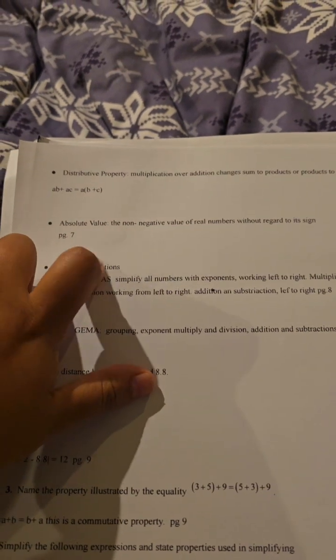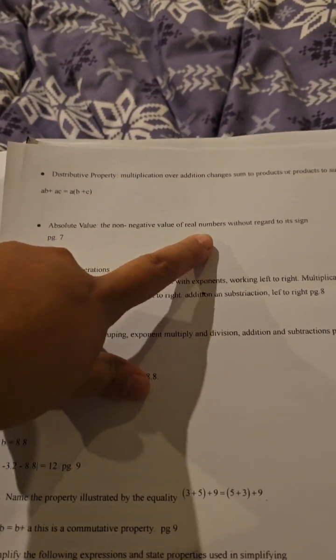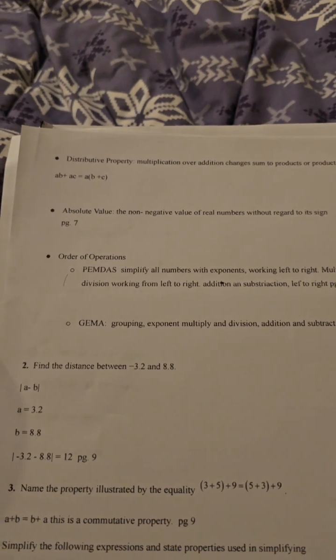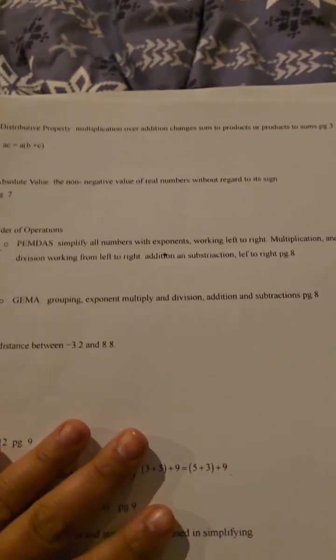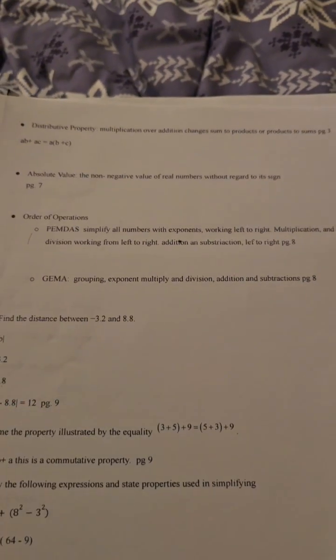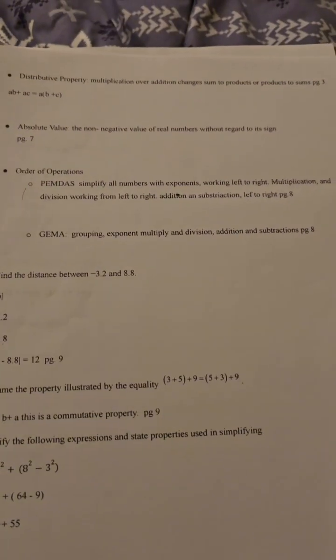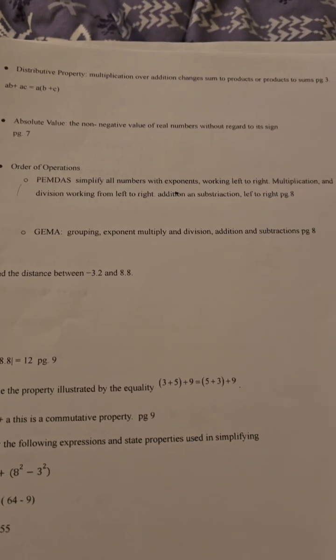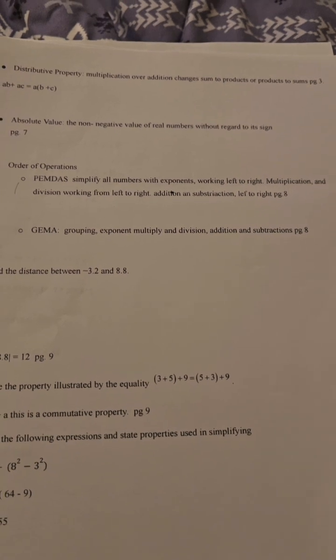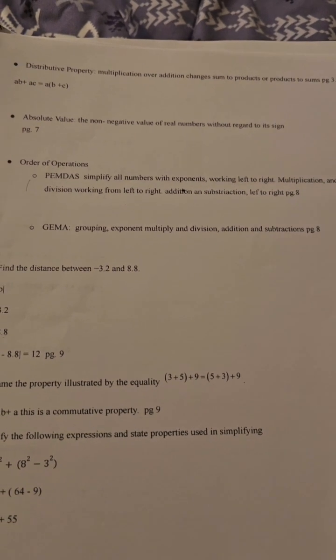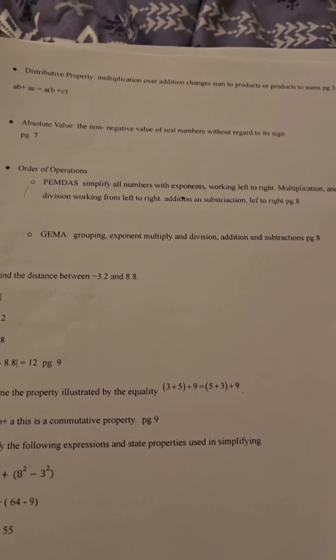Absolute value is the non-negative value of a number with regard to its sign. Order of operations, PEMDAS, would be parentheses, exponents, multiplication, division, addition, and then subtraction.